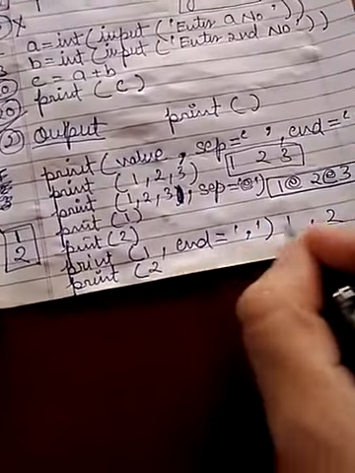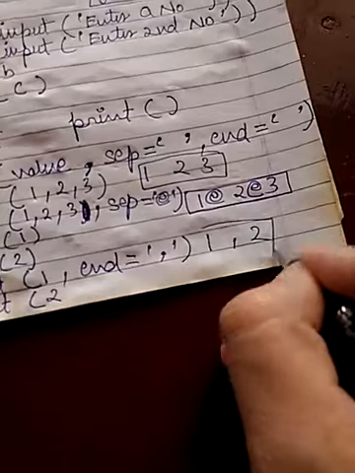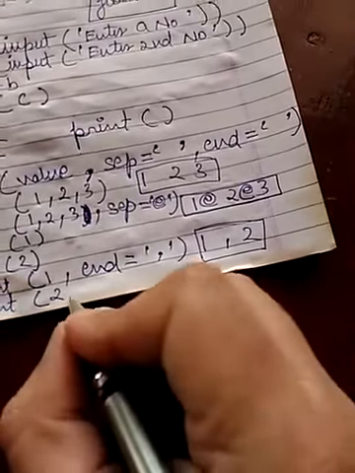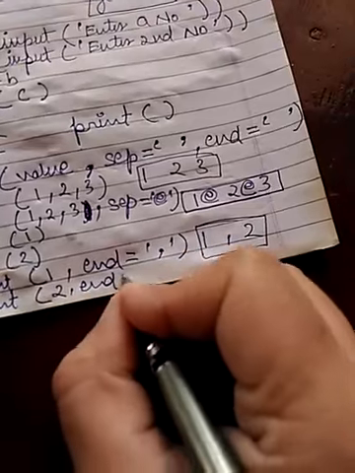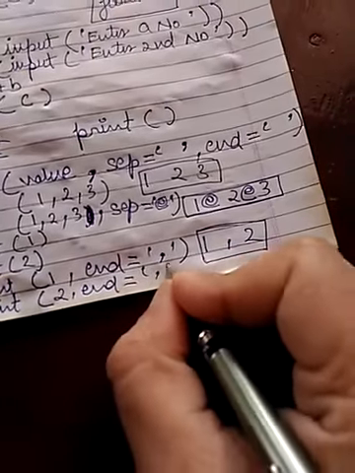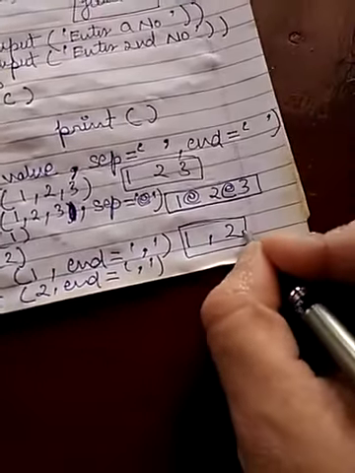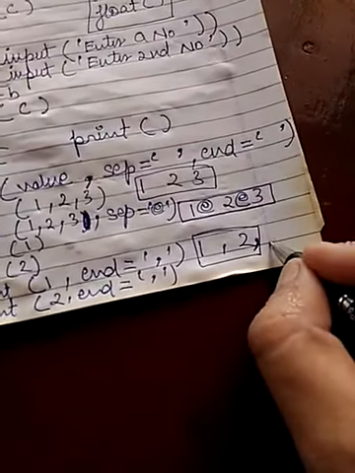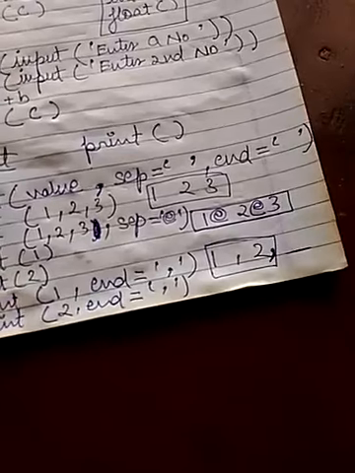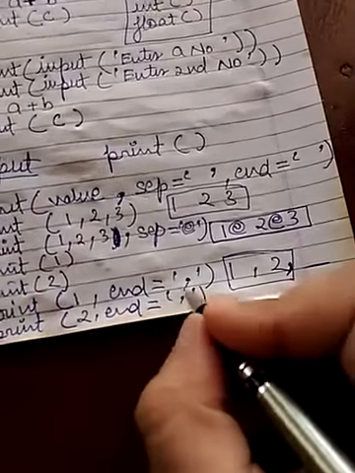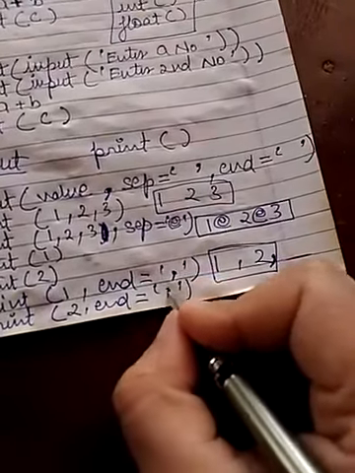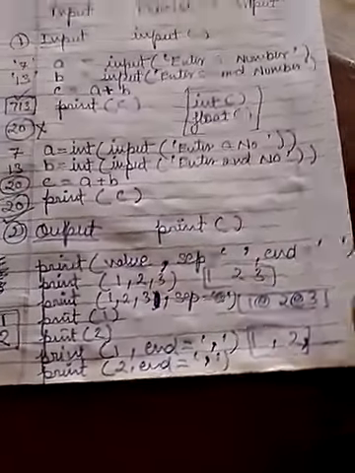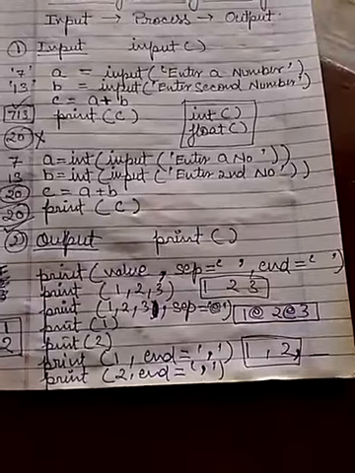Here I need not write the end comma, because in this output at the end no comma is there. If I write this end comma, then the comma will appear at the end of the line and the next value will be printed here. It will not change the line. You can change it to any character on which you want to end the line. In this way, print and input statements work.